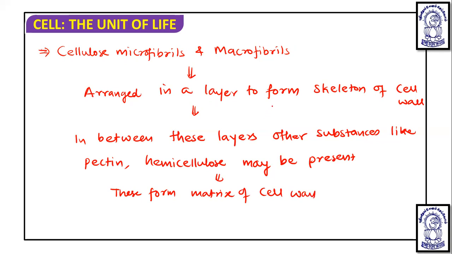Okay, so this cell wall material, that is hemicellulose, pectin, and lignin, are synthesized by the Golgi bodies, and formation of cellulose occurs by the cell membrane. Sorry.